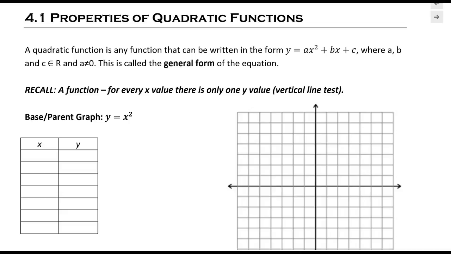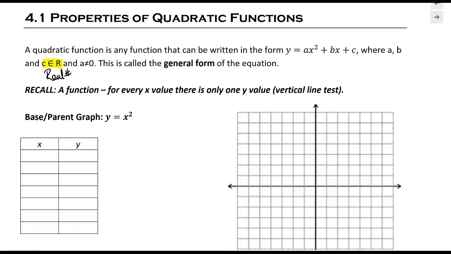So a quadratic function is any function that can be written in the form y equals ax squared plus bx plus c, where a and b are elements of the real numbers, and a cannot be 0. And like we discussed in the previous lesson, that is because if we take out our x squared term, now we're dealing with a coefficient times just x to a degree of 1 plus a constant, and that is our linear equation.